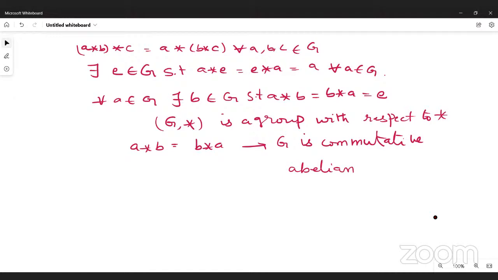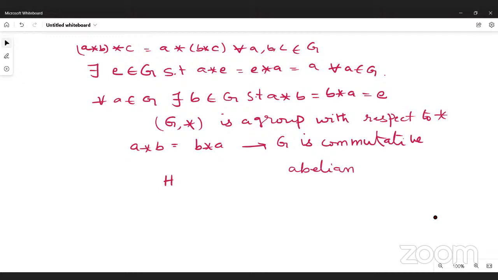And in earlier classes in algebra, we have learned when G is a group, and we have seen many examples of a group. We say that a non-empty subset H of group G is said to be a subgroup of G if H itself is a group.